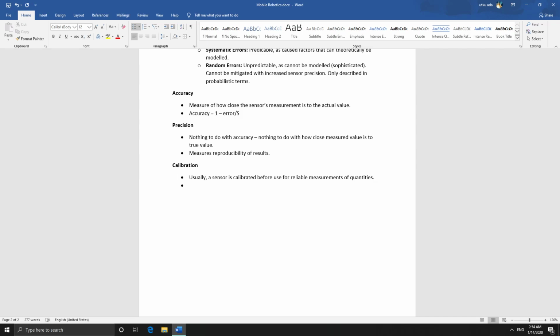And it plays a significant role in signal conversion. It may involve one or more of the following.